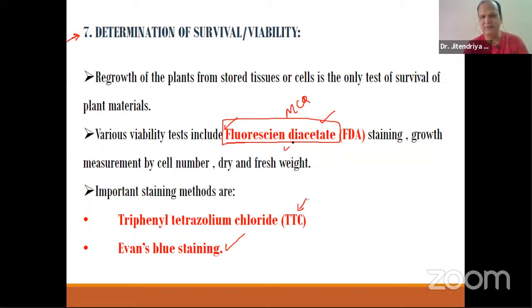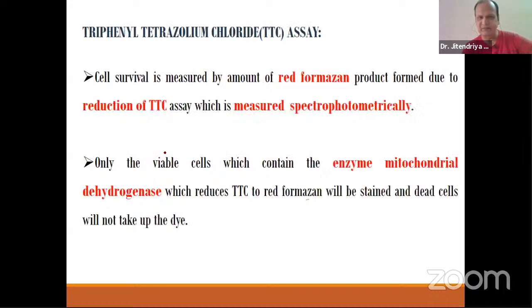But this one is the staining process. So let us discuss. These are the staining techniques. Otherwise, you can count the cell number, dry weight, fresh weight. Accordingly, you can also measure whether the tissues which were cryopreserved are living or not living. So let us discuss these three techniques in detail.